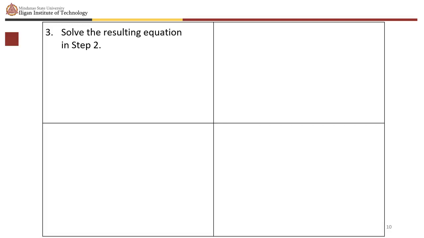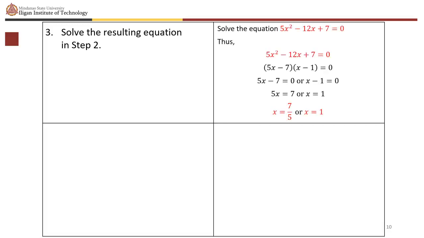Solve the resulting equation in step 2. Solve the equation 5x squared minus 12x plus 7 equal to 0. We can factor this as 5x minus 7, x minus 1 equal to 0. Why? Because 5x times x gives us 5x squared, minus 7x and then minus 5x gives us minus 12x, and minus 7 times minus 1 is positive 7.